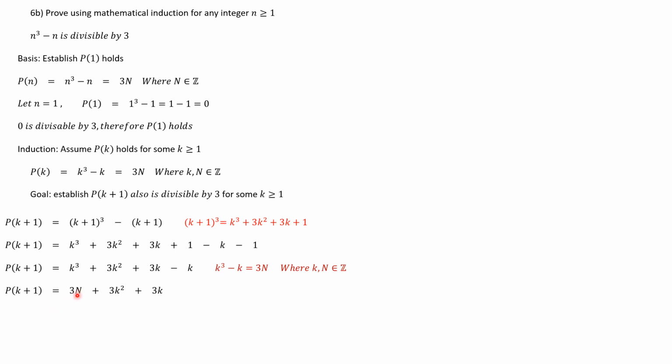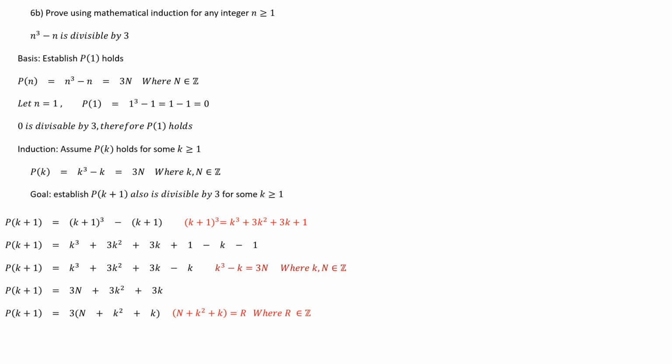So now we have 3n plus 3k squared plus 3k. Well, they all have a common factor of 3, so let's pull the 3 out. So now we have 3 times (n plus k squared plus k).